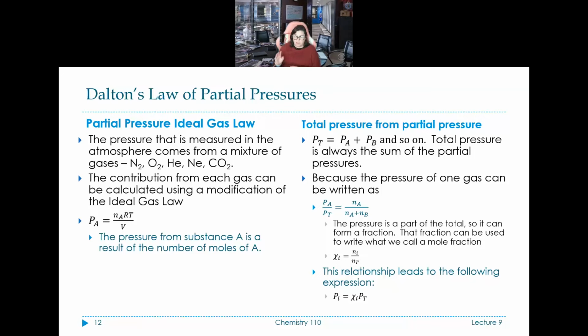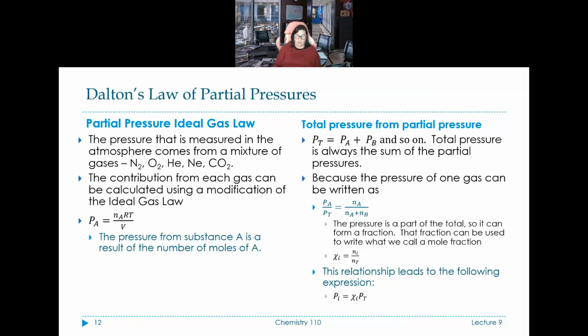If I know the total pressure and I know the mole fraction, I can find the partial pressure. If I know the partial pressure and the total pressure, I can find the mole fraction. So that's how all of those wonderful things are related.